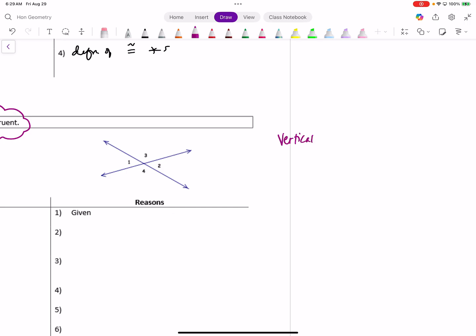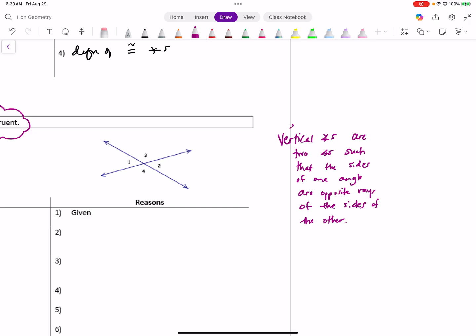So vertical angles, and I know you know what they are: two angles such that the sides of one angle are opposite rays of the sides of the other.